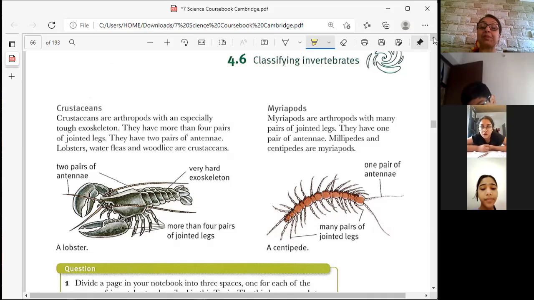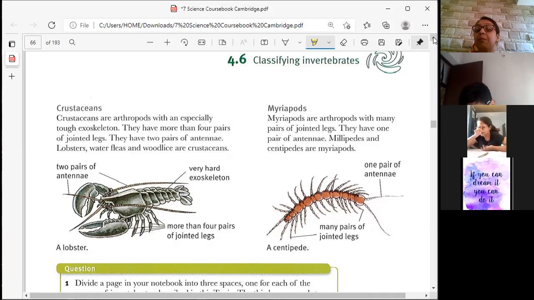Now again see, myriapods are also arthropods. But here why we have a separate category for them is because they have many pairs of joint legs. Getting me? Not one leg, not two legs, not three, not four, many pairs of joint legs.